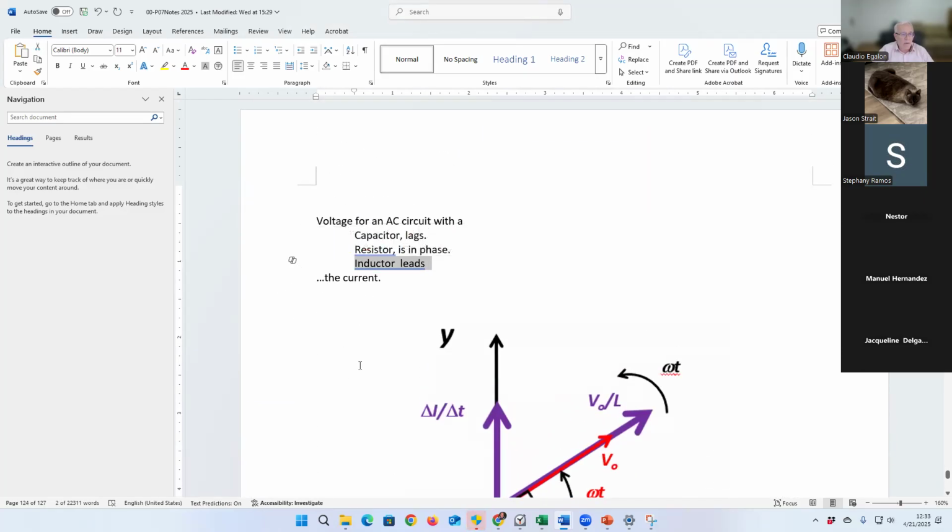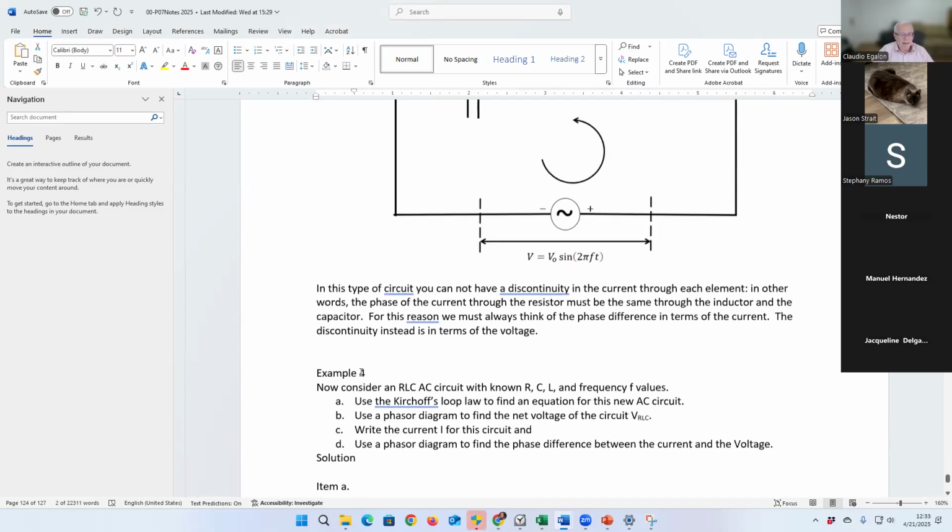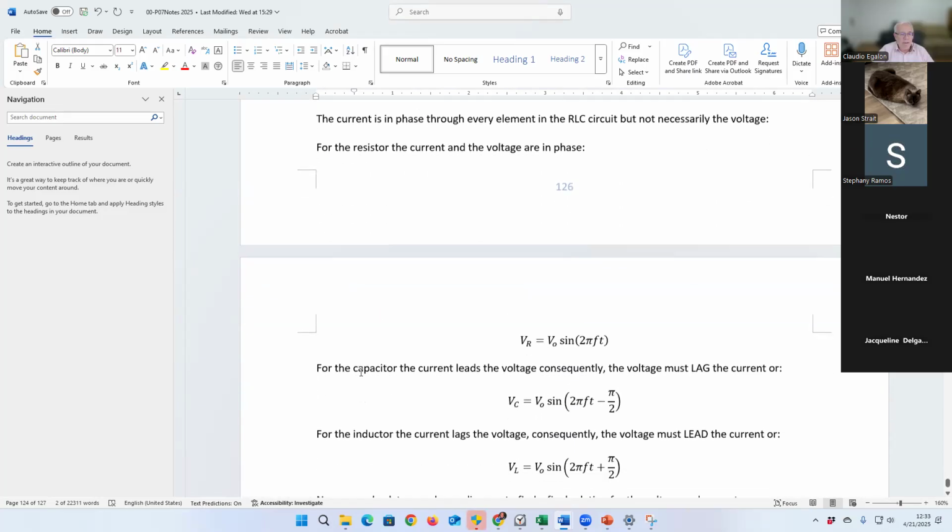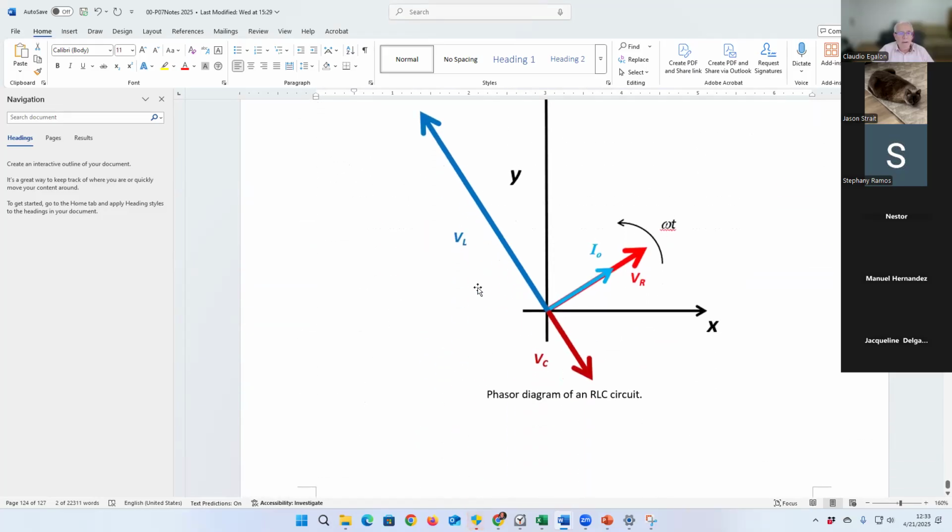The voltage across the inductor leads the current, right? And then I put the V sub L. It shouldn't be V sub L, because it must be the amplitude. Here should be the amplitude. V sub L is what's projected here. And the V of the capacitor should lag the current.